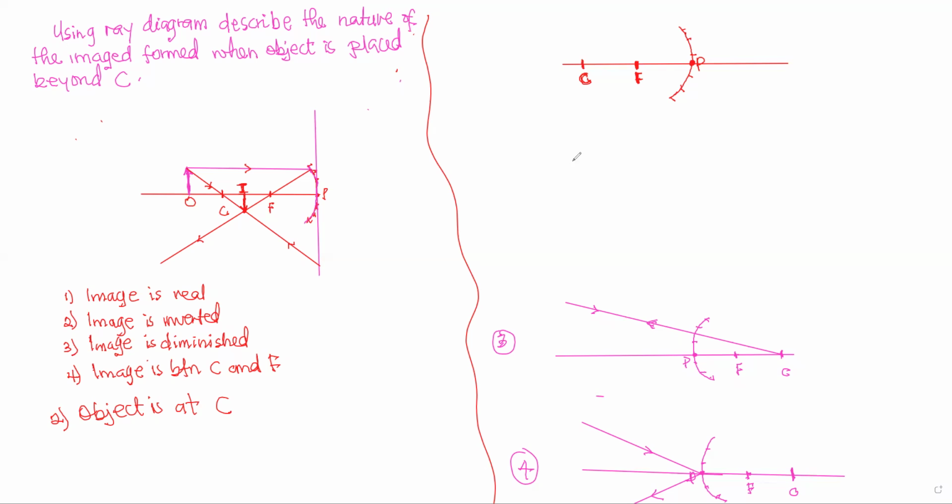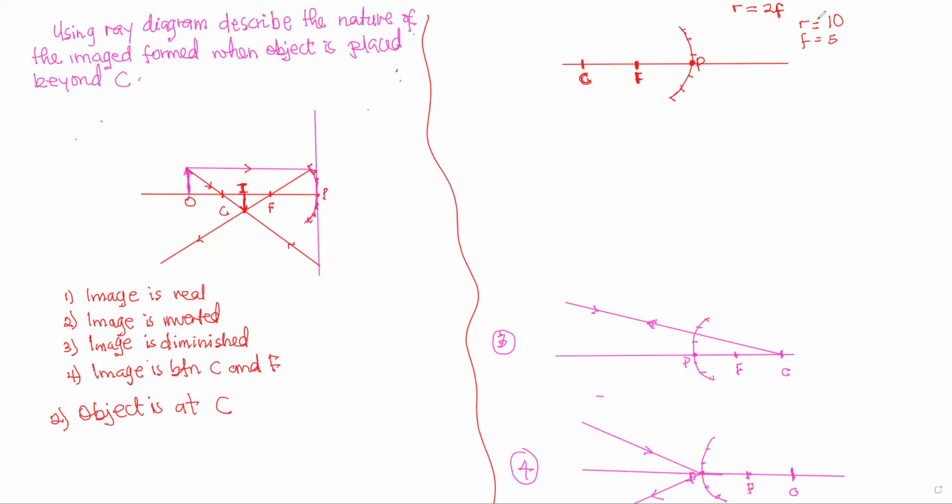Let's look at it. So when you are doing this, the first consideration is that the relationship between the radius of curvature and the focal length must be adhered to seriously. If you don't do that, it will affect your diagram. So if you take PC as maybe 10, then note that F will be equal to 5. You must take the measurement very well.